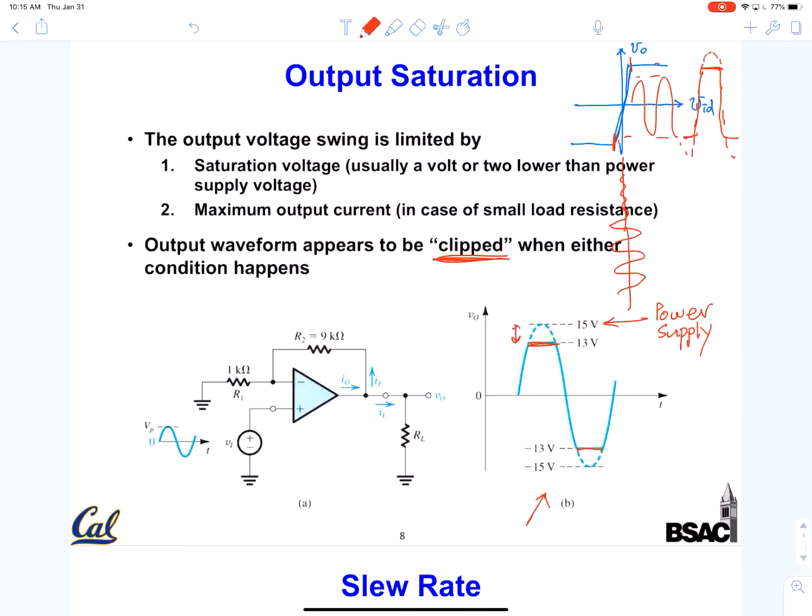So if we absolutely need 20 volts, we don't have much choice but to go in that direction. Or, if we don't really need 20 volts, we work carefully designing our system to ensure our input never exceeds the range that will drive the output into saturation. Okay.